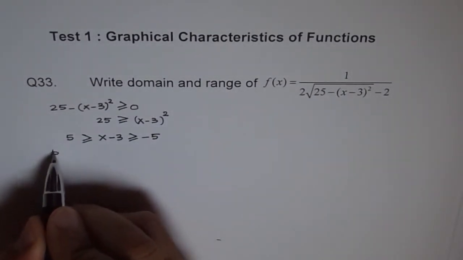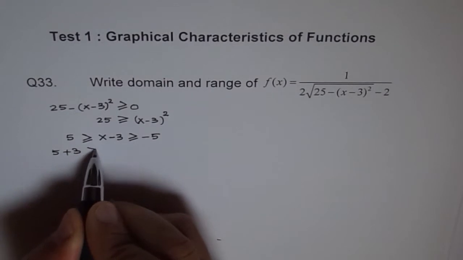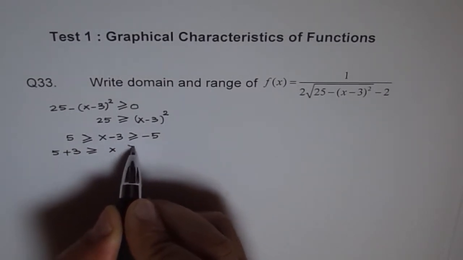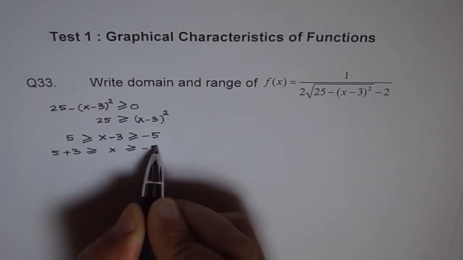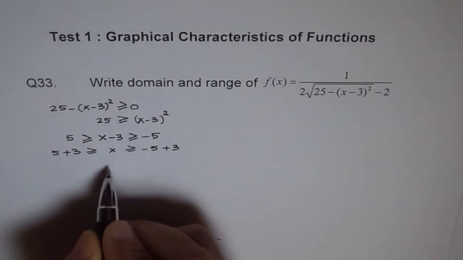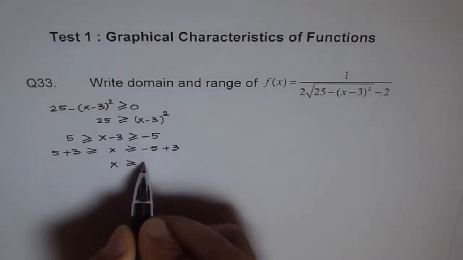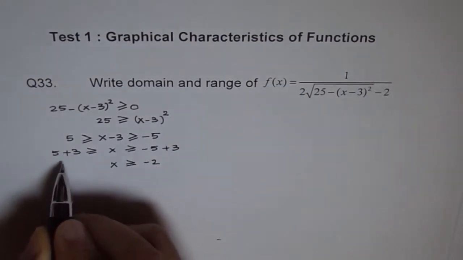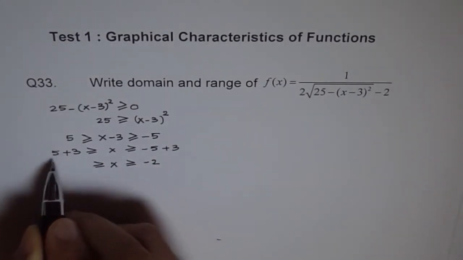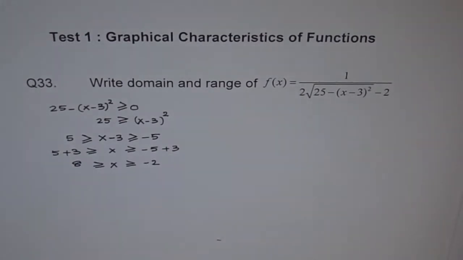We say 5 plus 3 is greater than or equal to x, which is greater than or equal to minus 5 plus 3. So x is between minus 5 plus 3, which is minus 2, and 5 plus 3, which is 8. So x is within this region, correct?